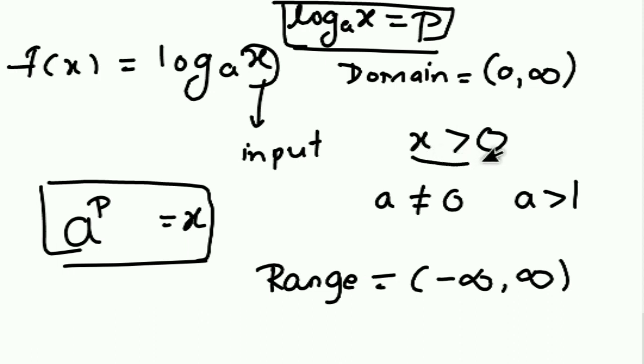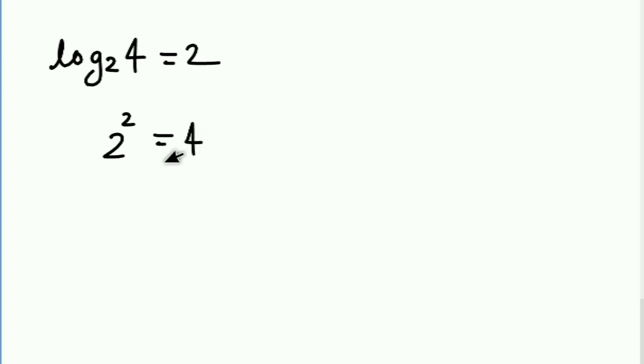Your x will be greater than 0. Let's see some examples of log. For example, you have log to the base 2 of 4. So this will be 2, because your base is 2, and this answer is your power. So 2 raised to 2 is equal to 4. This is the exponential form, and this is your logarithmic form.